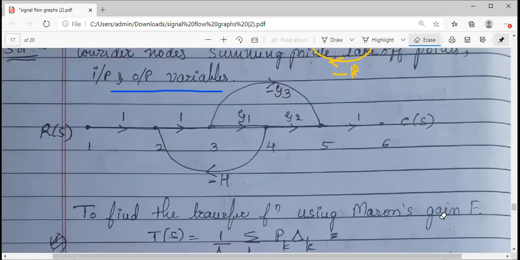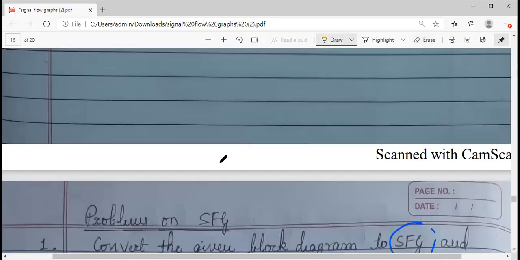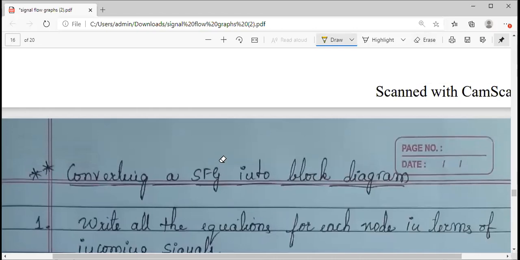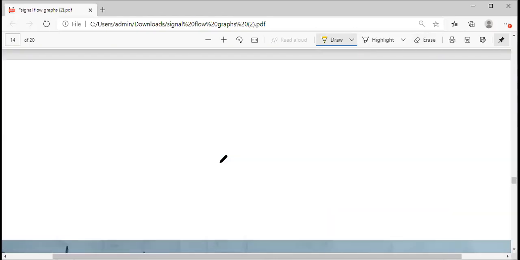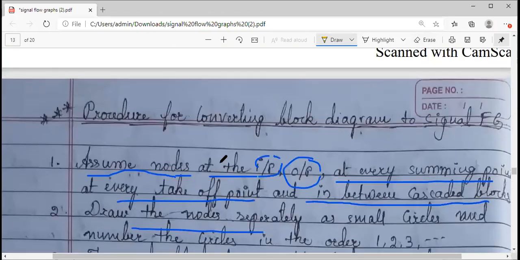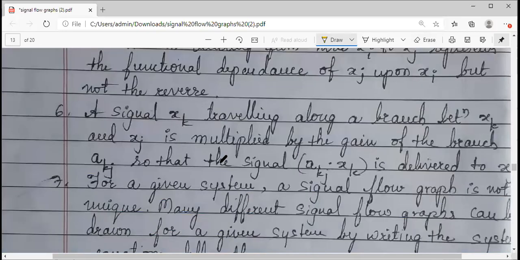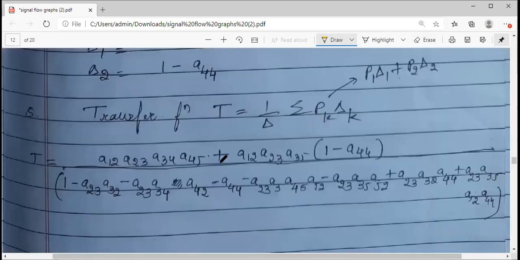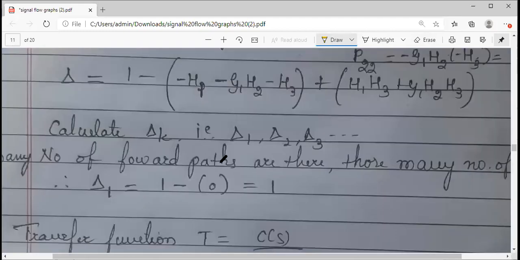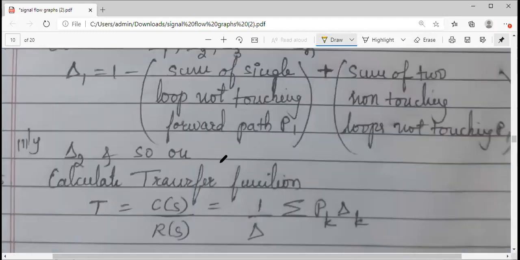To find the transfer function using Mason's gain formula, let me quickly show you the steps so that when we start solving, it will become easy for you to follow. We have already seen 1 or 2 examples on Mason's gain formula.